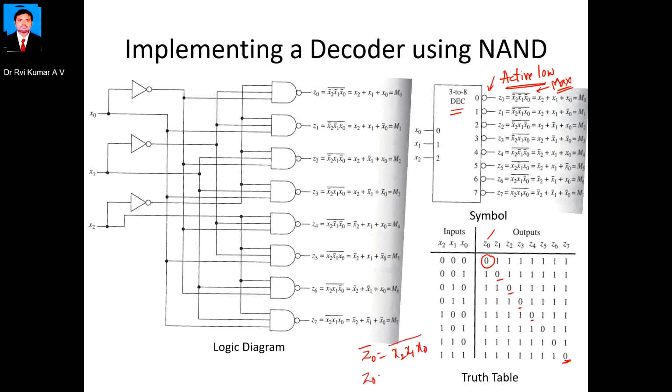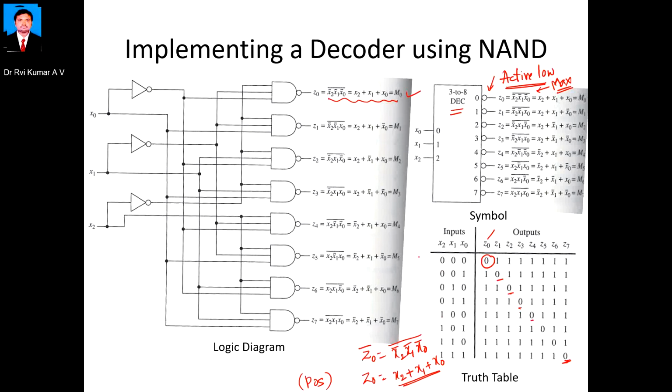So z0 is equal to x2 plus x1 plus x0, which is the max term M0.